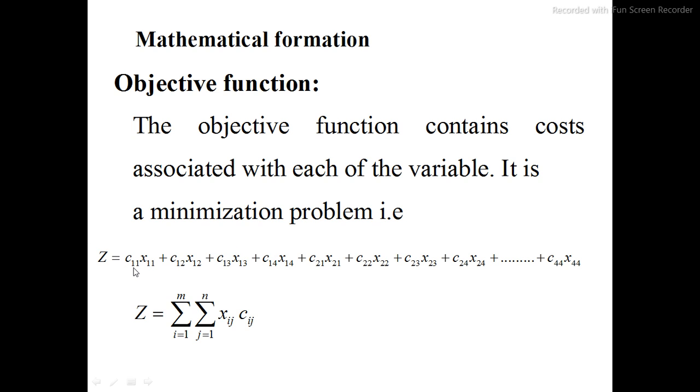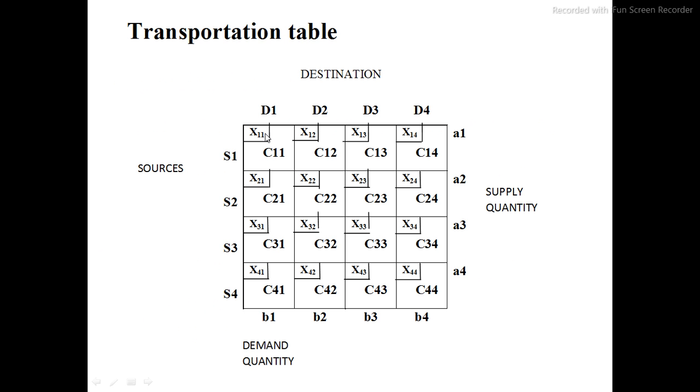You can see here C11 x11 plus C12 x12 plus so on. If you multiply x11 into C11, we get the amount to supply a product from the source to the destination D1.